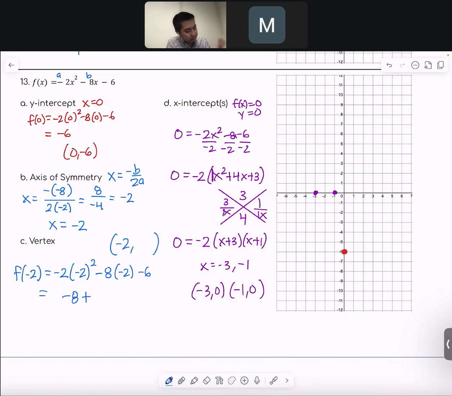Negative 8 times negative 2 is positive 16 minus 6. You combine those all together, and that gives you 2. So negative 2 comma 2 is your vertex. And here is your graph. And one thing I forgot to draw is our axis of symmetry.